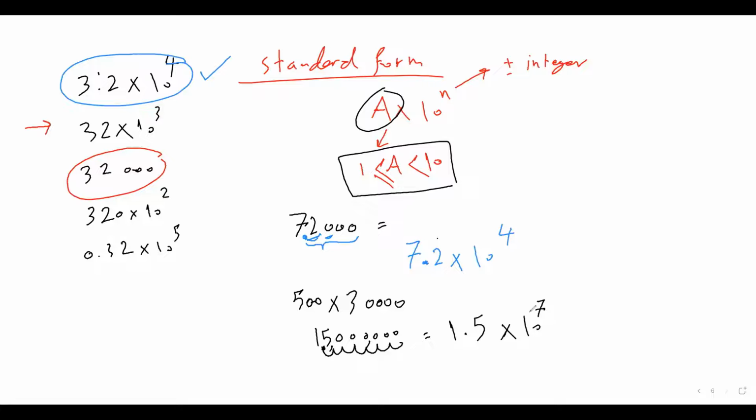And sometimes they give you a combination, for example, addition or subtraction of two numbers which are already in standard form, and they ask you to do it without using a calculator. For example, 3.8 times 10 to the power of 6, then you add it up with 8.7 times 10 to the power of 4.